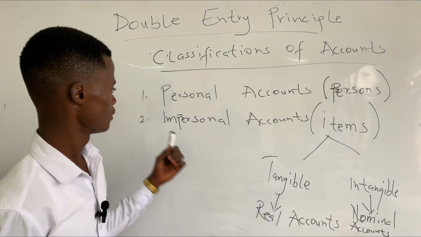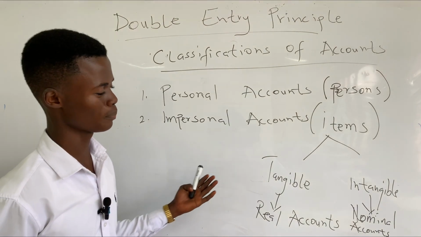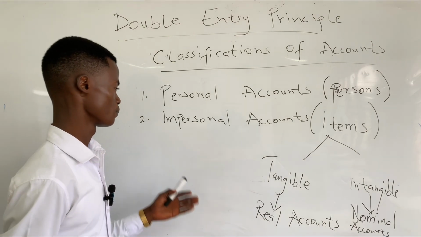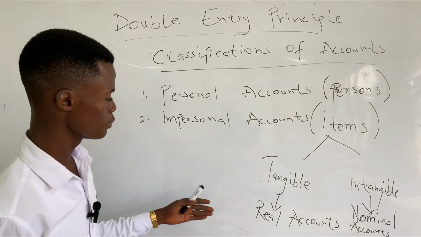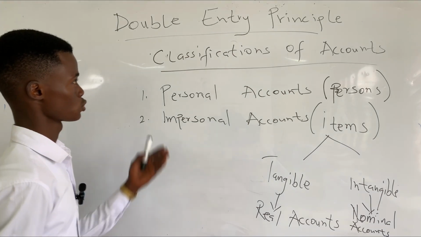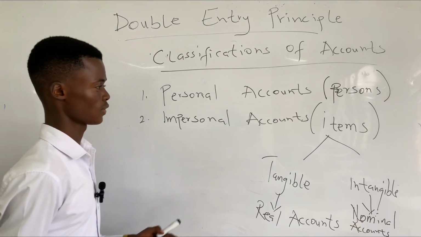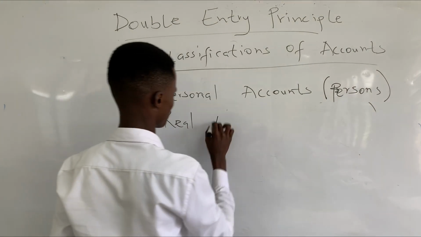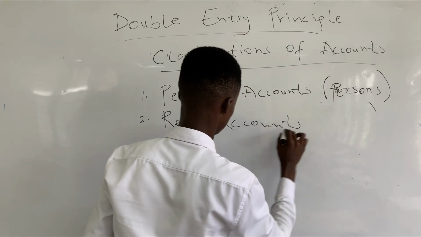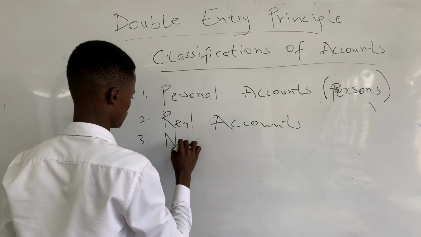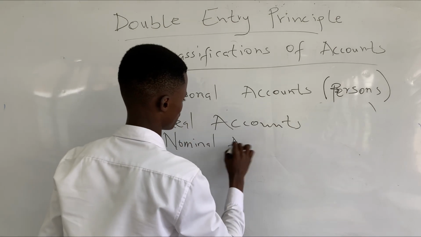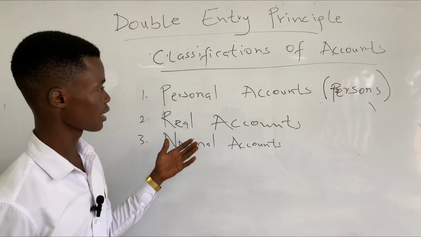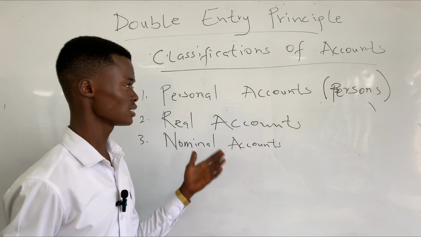So the impersonal accounts are further classified into the real and nominal accounts. Under the classification or types of accounts, we have the personal, real, and then nominal accounts. The personal accounts keep records of persons the organization deals with.